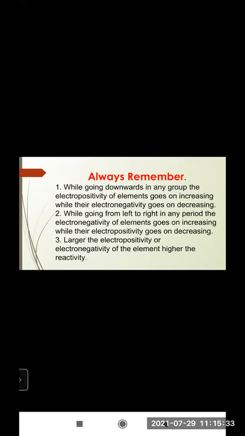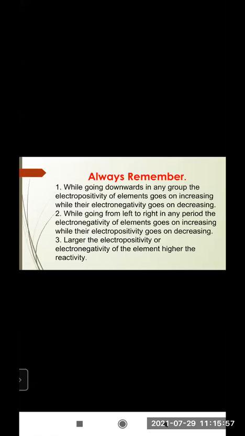while going downwards in any group, the electropositivity of elements goes on increasing while the electronegativity goes on decreasing. Understood? Whenever you are going downwards in any group, what happens? The electropositivity of the element goes on increasing, while the electronegativity goes on decreasing. Clear?